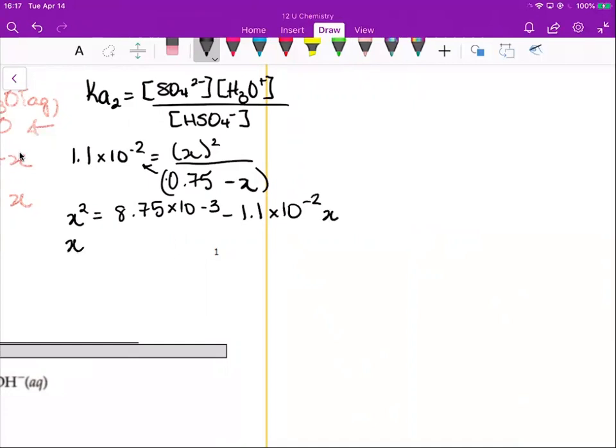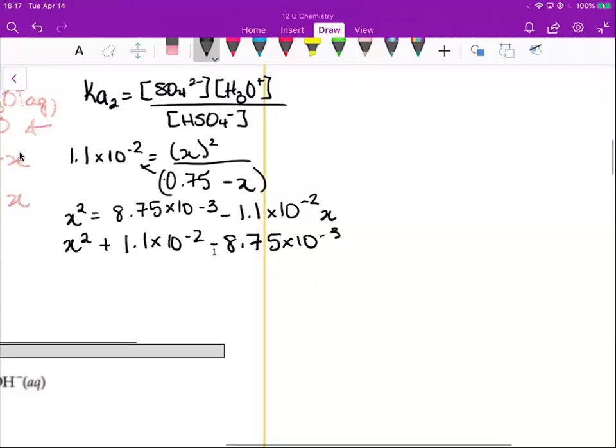So when I rearrange this, I have x squared plus 1.1 times 10 to the minus 2 x minus 8.75 times 10 to the minus 3 equals 0.